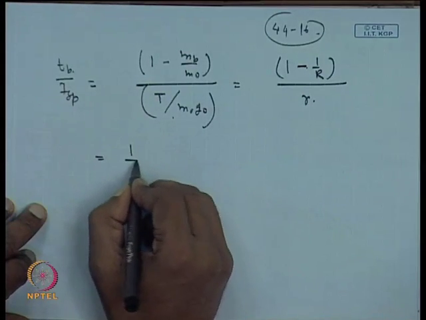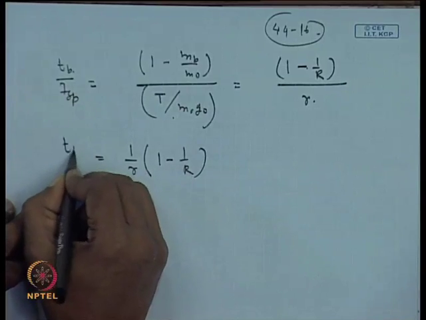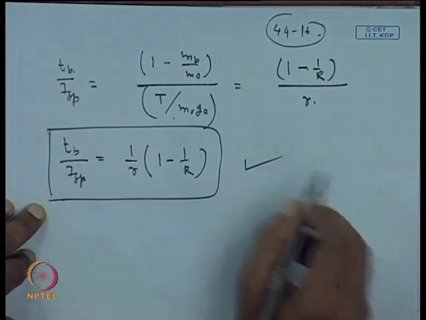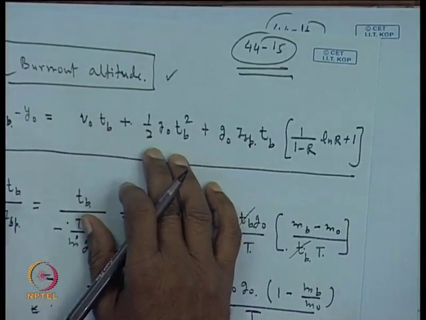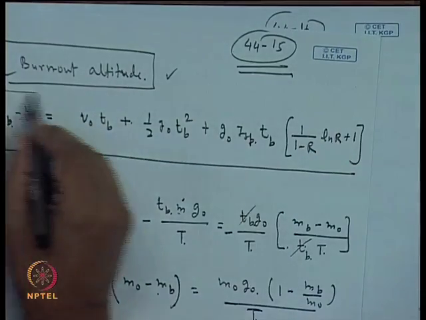So, ultimately this reduces to this expression for T b by I s p. Now, we can utilize this expression in reducing the expression for y b minus y 0.